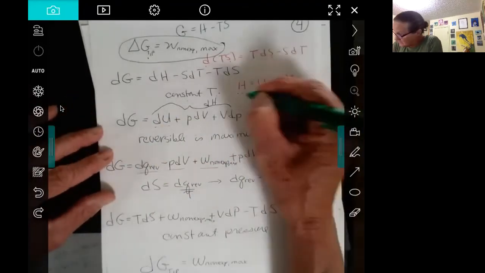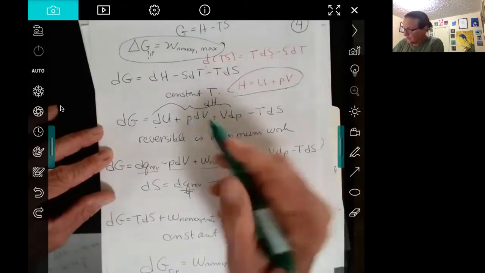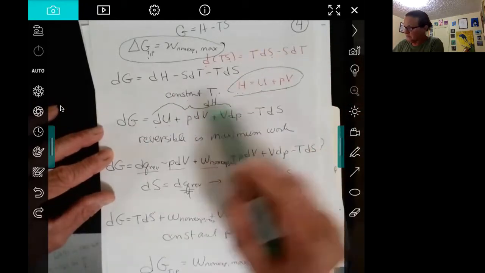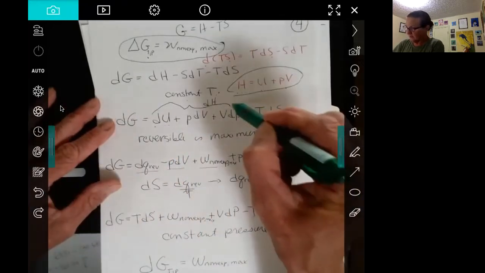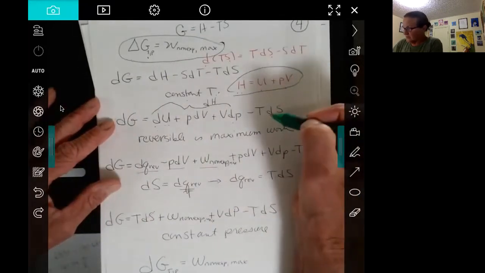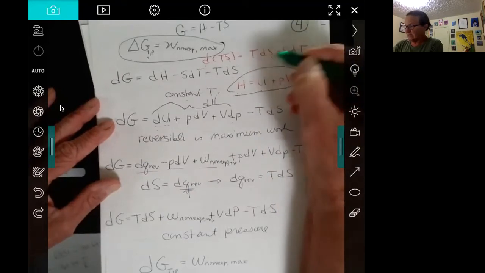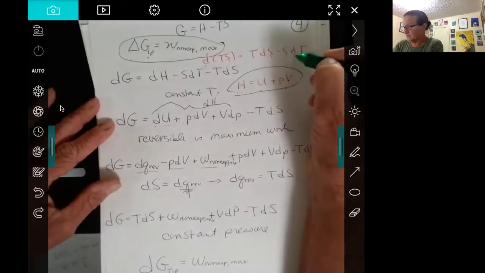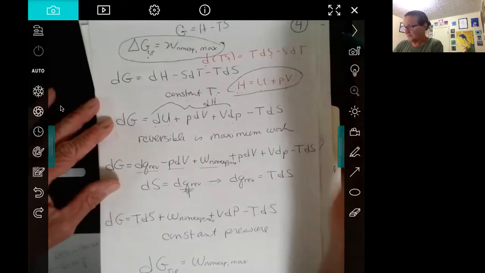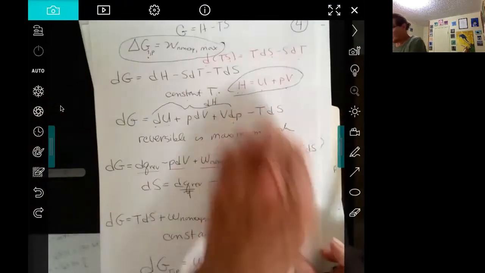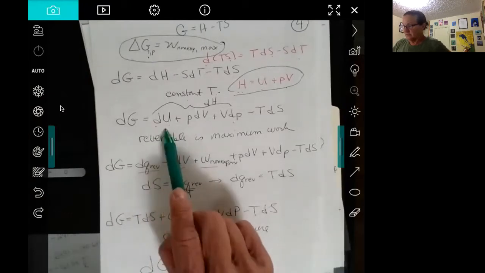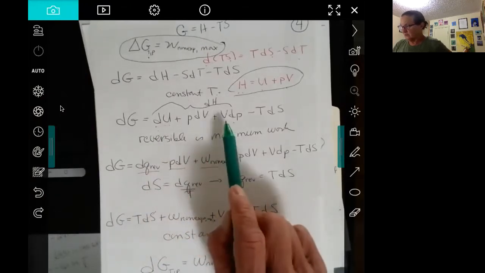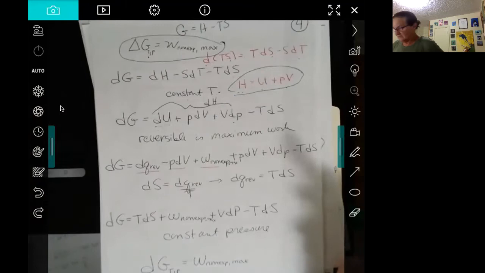So H equals U plus PV. So dH will be dU plus PdV plus VdP. So all of this is the dH. We still have a TdS, but if we're carrying out the process at constant temperature, then the SdT term goes away. And so we're down to dG at constant temperature is dU plus PdV plus VdP minus TdS.